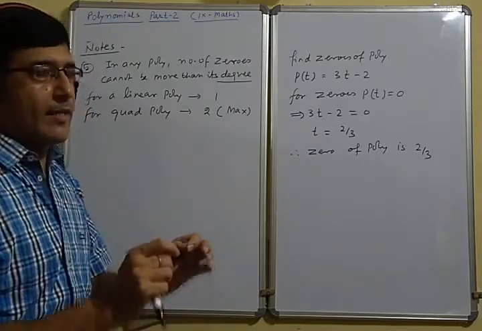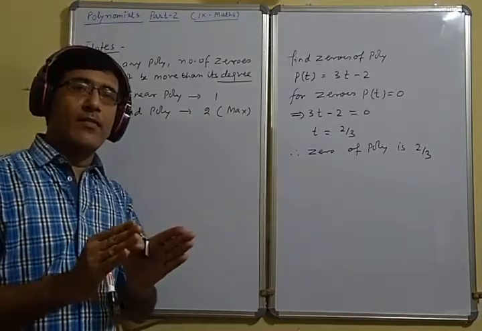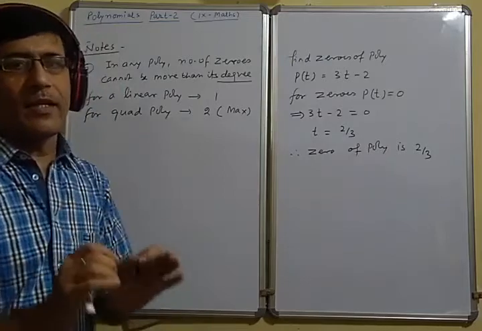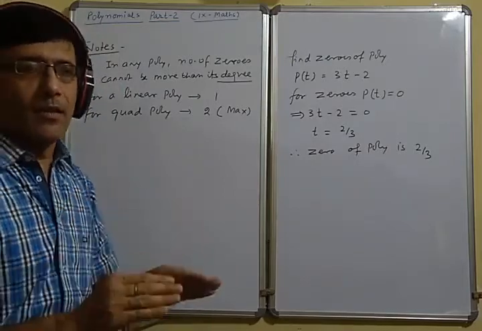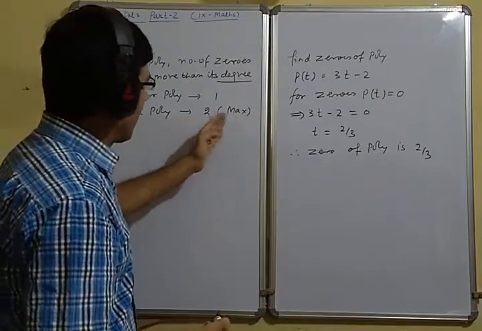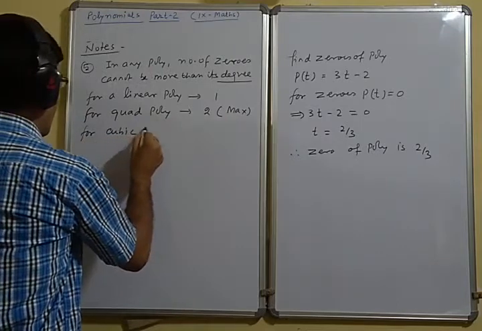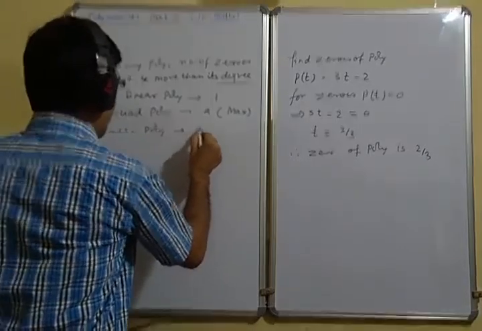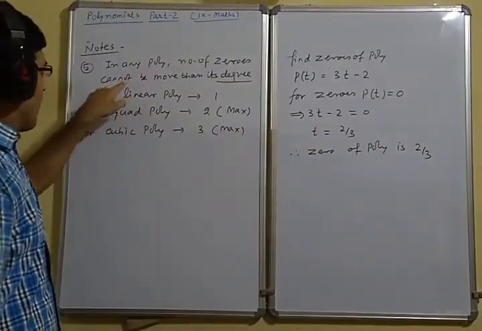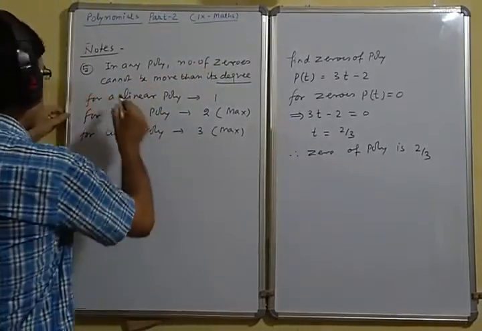If y is a function of x, the number of zeros means the points of intersection on the x-axis. So in a quadratic polynomial we get maximum 2 zeros. A cubic polynomial has maximum 3 zeros. So in any polynomial the number of zeros cannot be more than its degree.